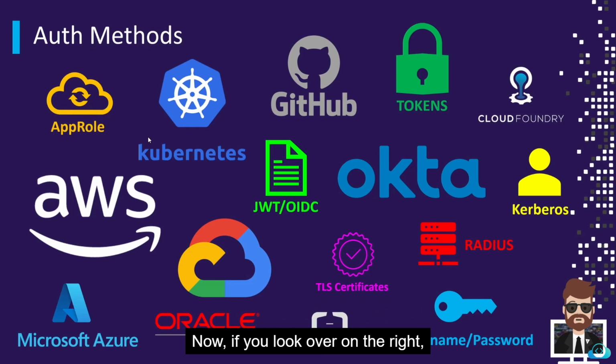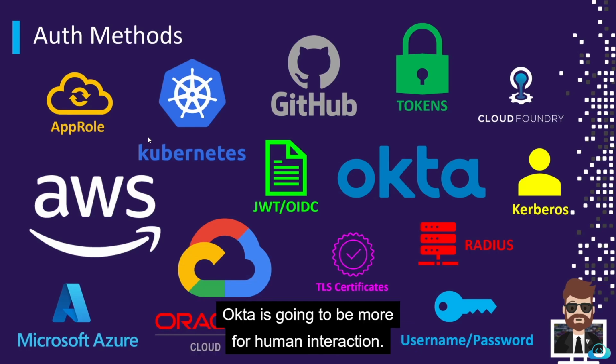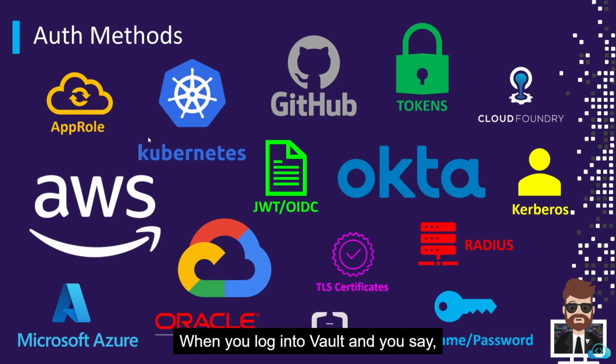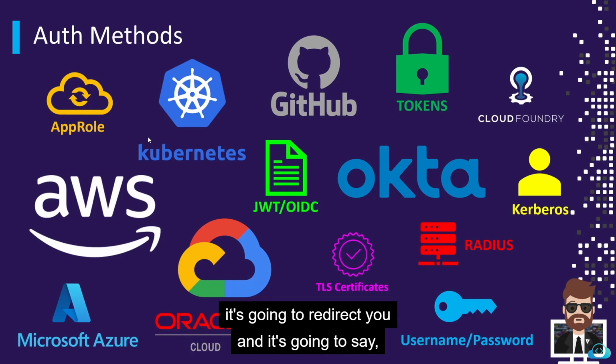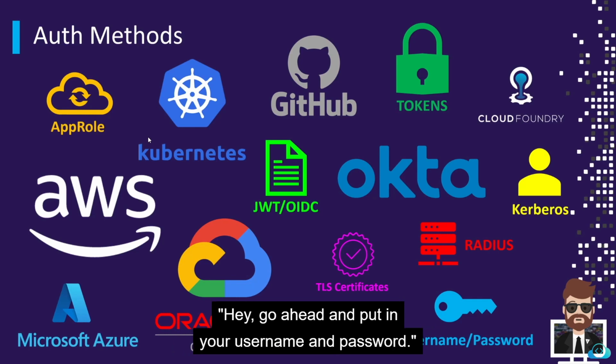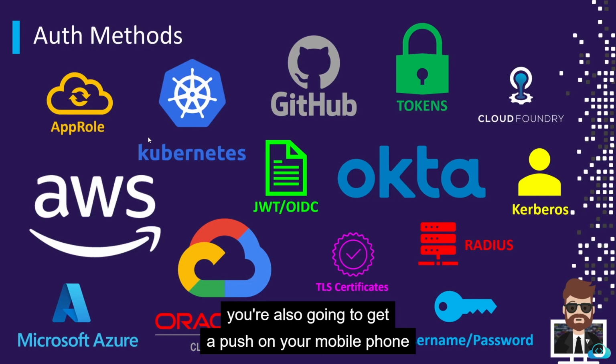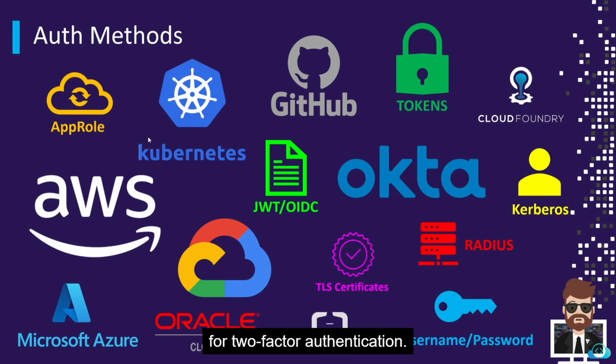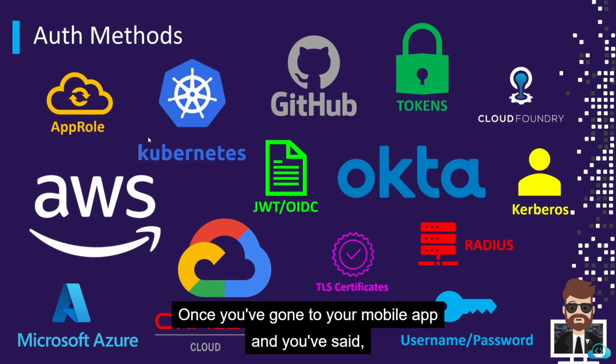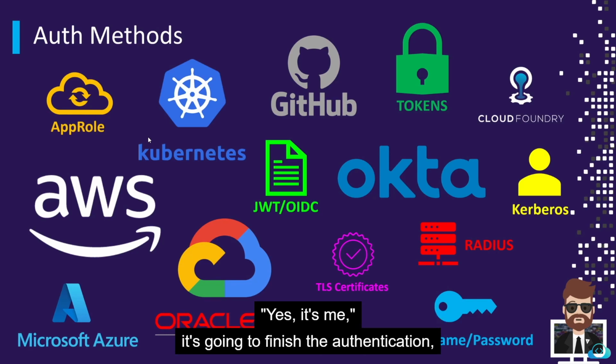Now, if you look over on the right, we've got something like Okta. Okta is going to be more for human interaction. So when you log into Vault and you say, hey, I want to authenticate using Okta, it's going to redirect you and it's going to say, hey, go ahead and put in your username and password. And then more than likely, you're also going to get a push on your mobile phone for two-factor authentication. And once you've gone to your mobile app and you've said, yes, it's me, it's going to finish the authentication.